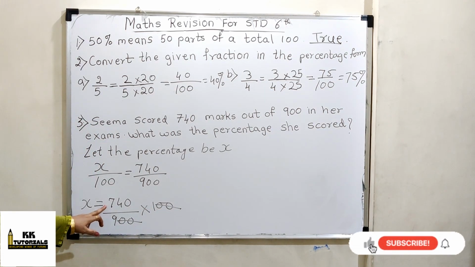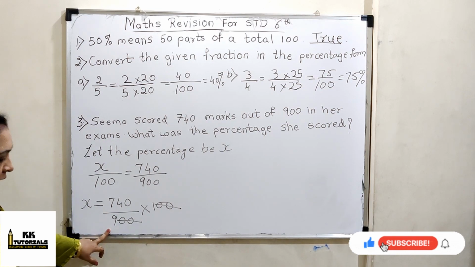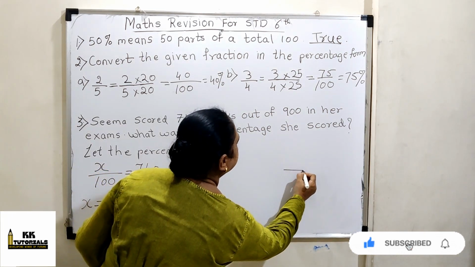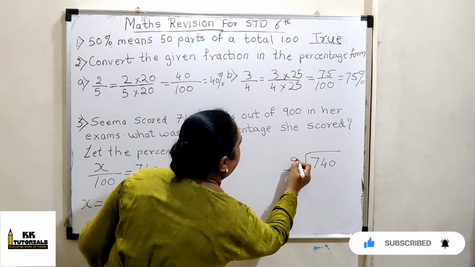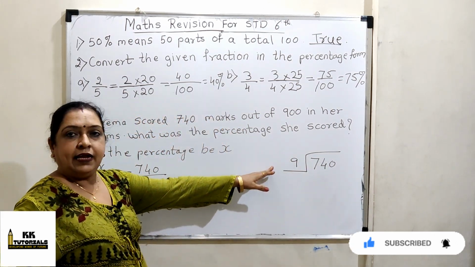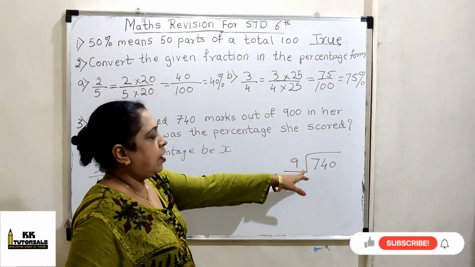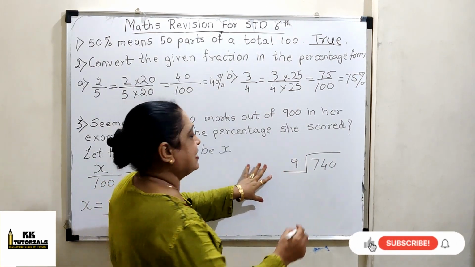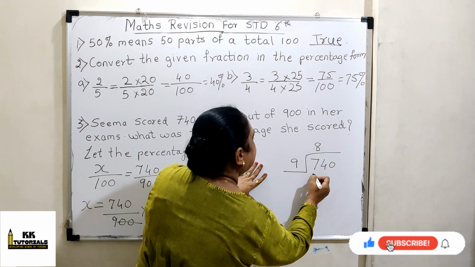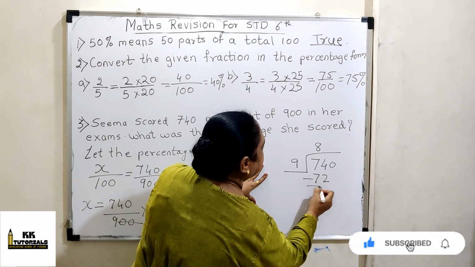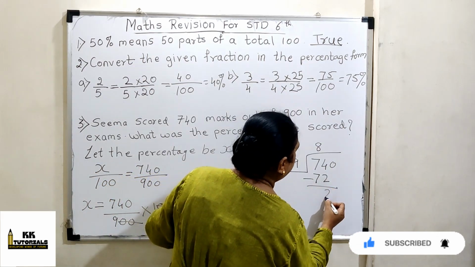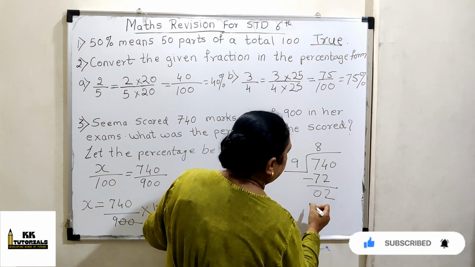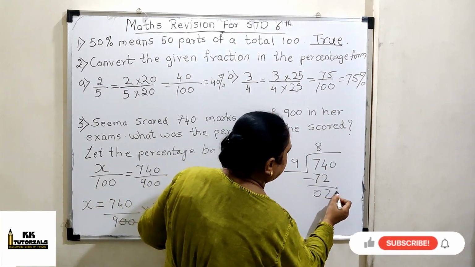Now, these two zeros will get cut with this 100. Now, what is remaining? 740 divided by 9. So, you can divide over here. 9 8s is how much? 72. 4 minus 2 is 2. Bring down this 0.